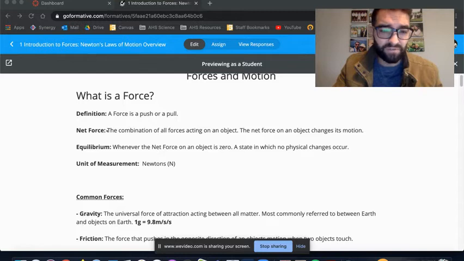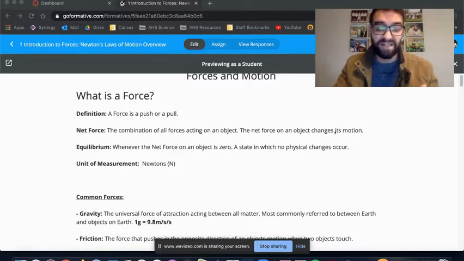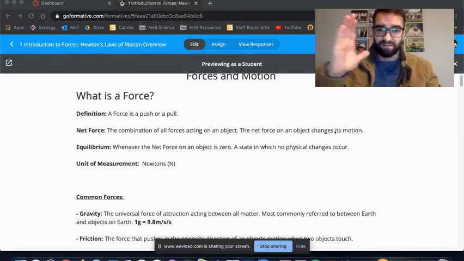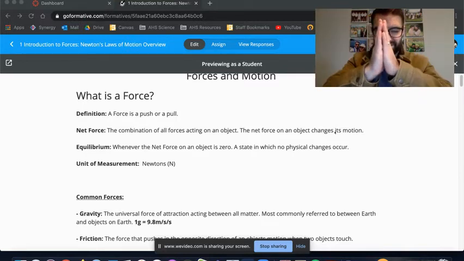The net force is the combination of all forces acting on an object. The net force on an object changes its motion. So something to consider: if the net force is 0, this hand is pushing against this hand equally.